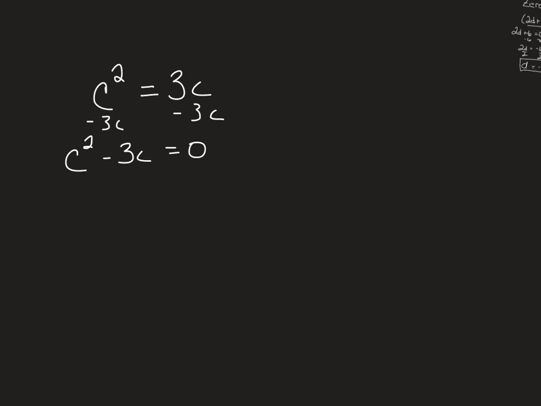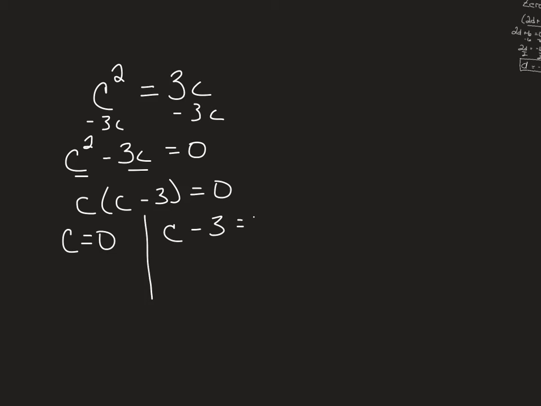We always have to have the equation equal to 0 in a situation like this. C's common to both terms, so I'm going to factor that out, and we'll have c minus 3. Now the zero product property says that either c equals 0 or c minus 3 equals 0.